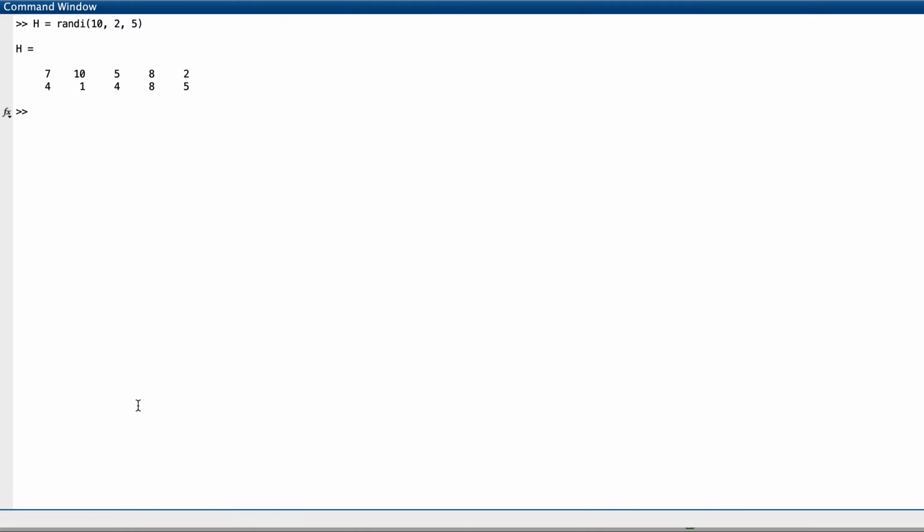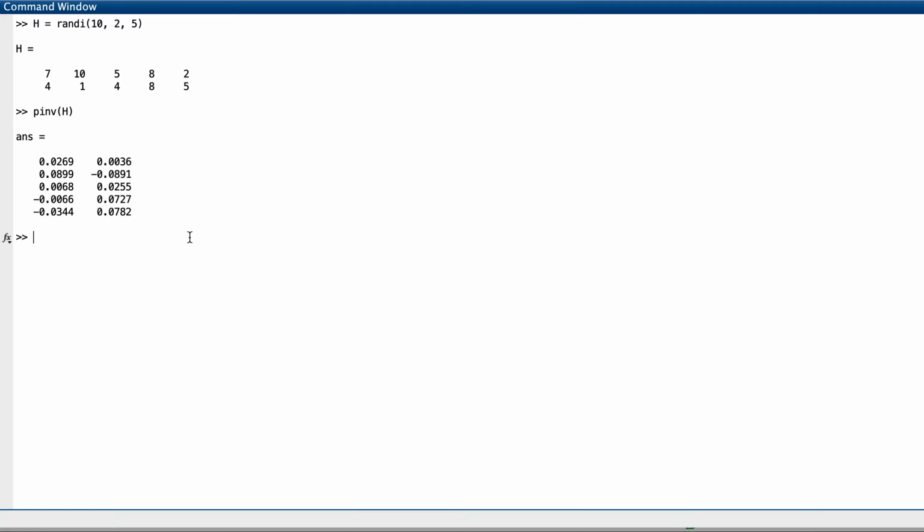So this is my matrix H. And if you want to directly find the pseudo inverse, there is a function in Matlab called PINV, and if you directly pass the value of the matrix, then that result will be the pseudo inverse of the matrix.